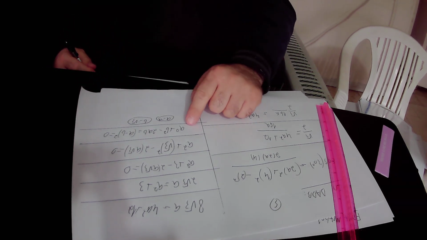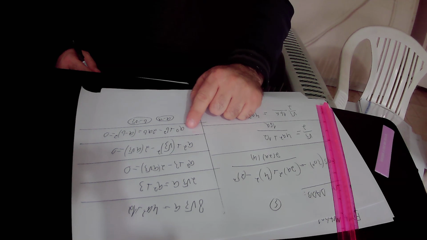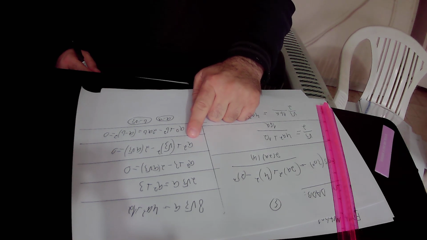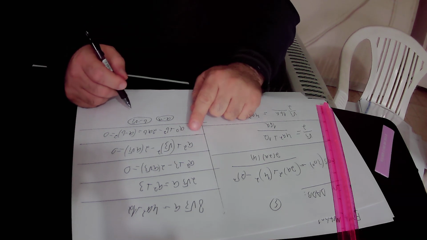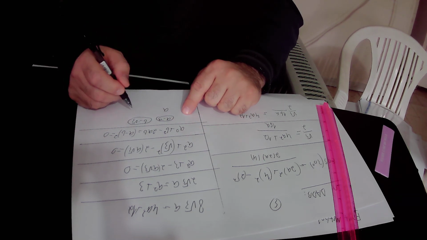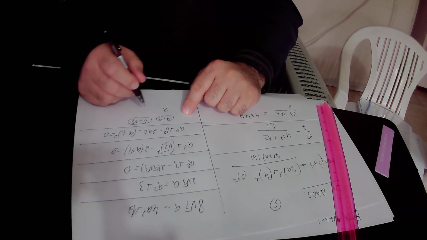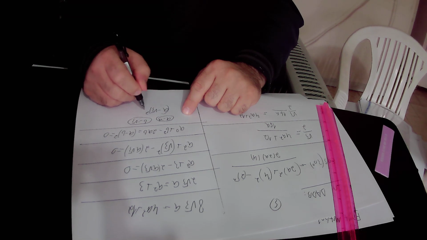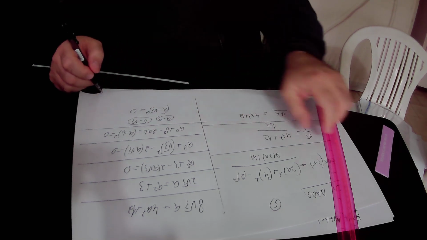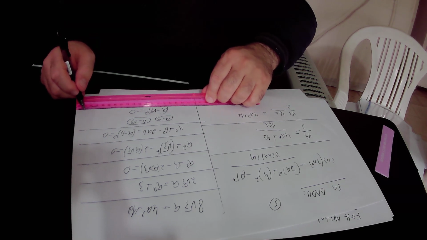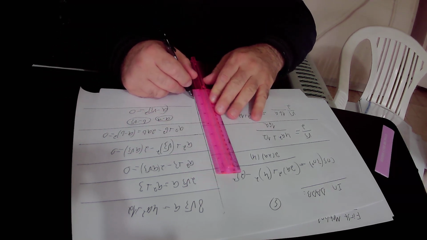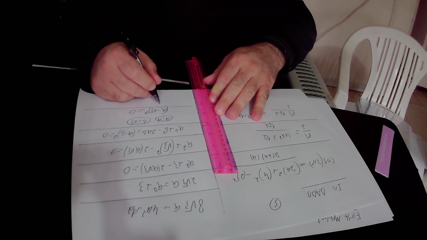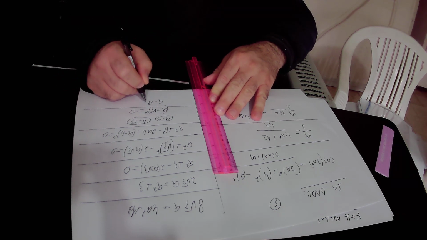So we will get, according to this algebraic identity, that this expression equals (a minus b) squared. That is to say, a is A and b is square root of 3, so we get that it equals (A minus square root of 3) squared, and it equals 0. So here we will take a root out of this equation, and we will get that A minus square root of 3 equals 0.